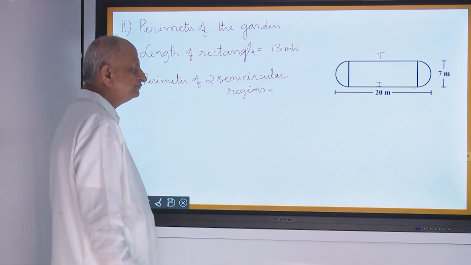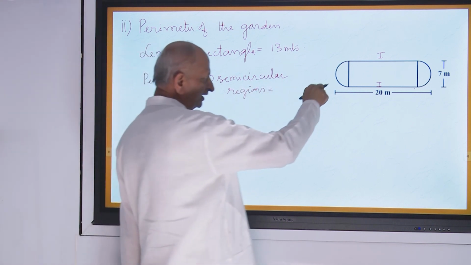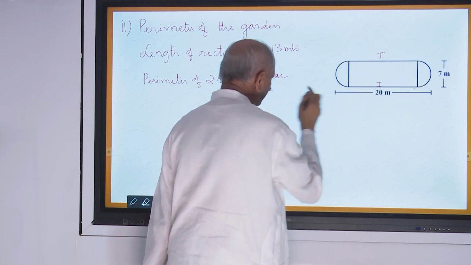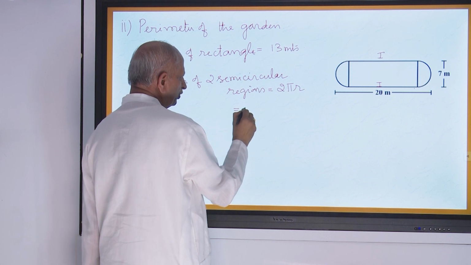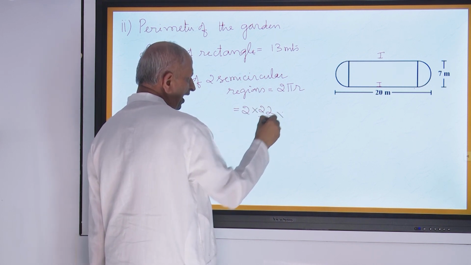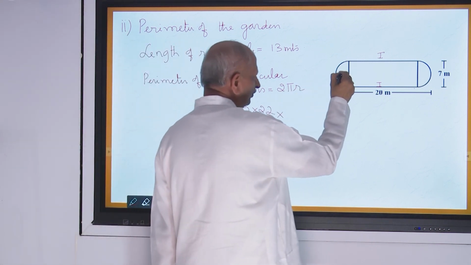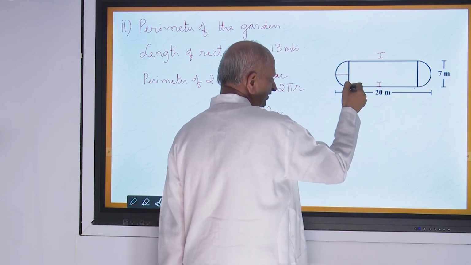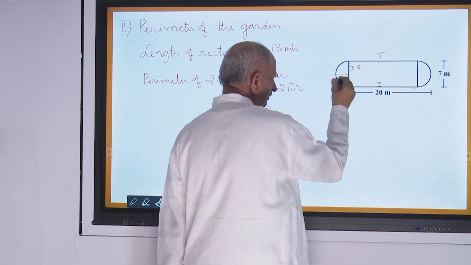What is the formula? For a circle it is 2 pi r, but there are two semicircles, so pi r plus pi r becomes 2 pi r. That is 2 into pi, 22 by 7, into r. Already done it. R is what? Half of this. This breadth is 7, so half of it is 3.5.